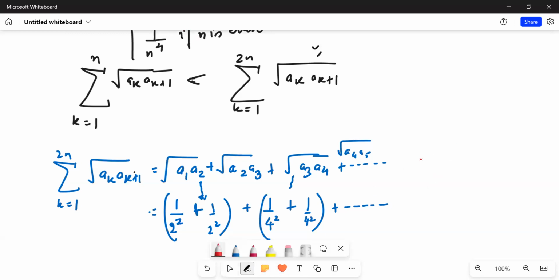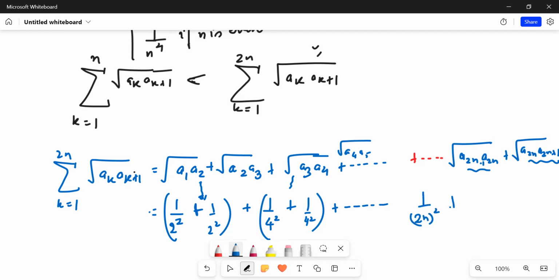At the end, if k is the last, 2n, just before it would be root over a2n minus 1 a2n plus root over a2n a2n plus 1. In any case, 2n minus 1 is odd, so this is 1, and a2n is 1 upon 2n whole square plus 1 upon 2n whole square.